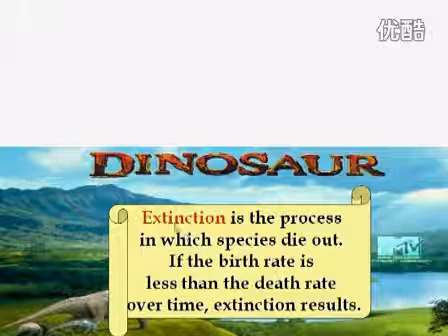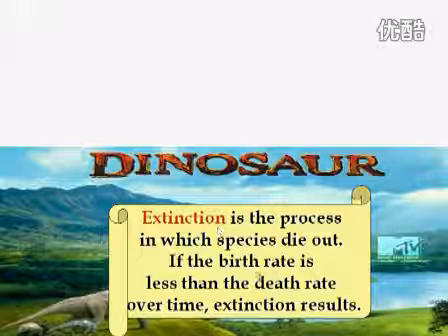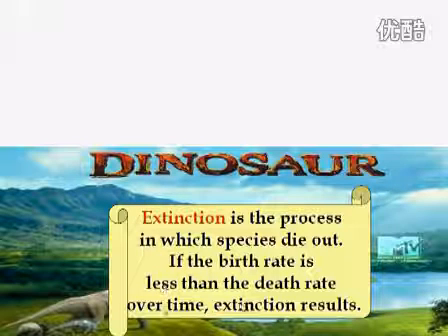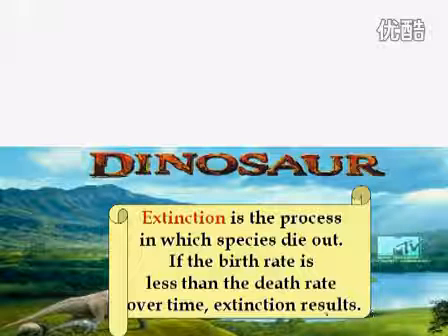这块 extinction 红字的部分是什么？它是一个过程，在这个过程当中 species 这指的是物种，这些物种会灭绝。那么它又给出了 if the birth rate 这指的是出生率 is less than the death rate，如果出生率小于死亡率，而且是在很长的一段时间当中都有这种情况，那么 extinction 就会发生。也就是说，当在很长的一段时间中，出生率小于死亡率，就会导致灭绝，right?